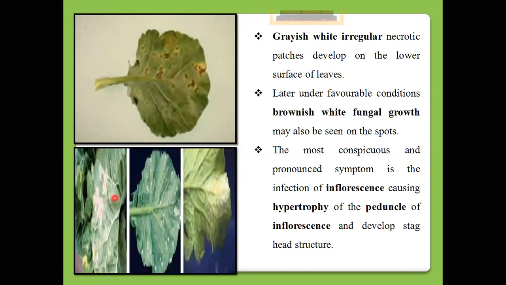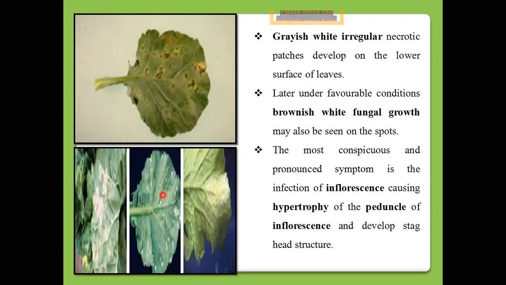Under moist or cool conditions, this leaf spot enlarges indefinitely to form yellow chlorotic areas on the upper side, with whitish downy growth on the lower side. This fungus becomes systemic in nature.